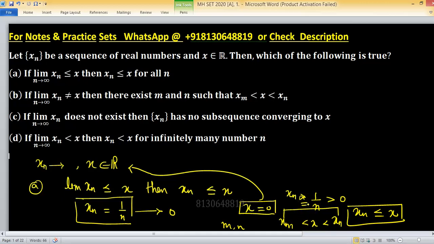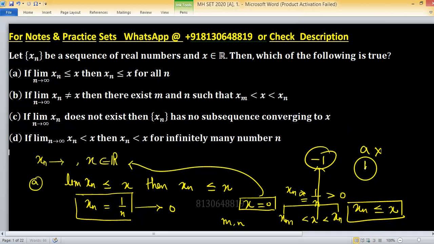Or you can consider x as a negative number; then between two positive terms there are no negative numbers, so -1 is not there. So statement B is again false. A is already discarded, B is again wrong.